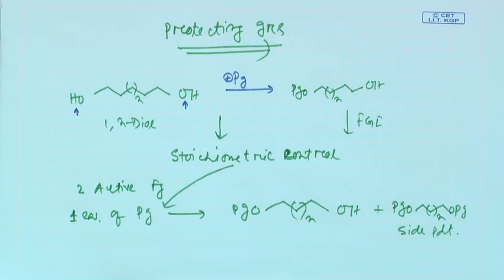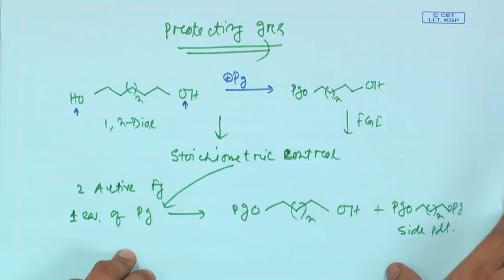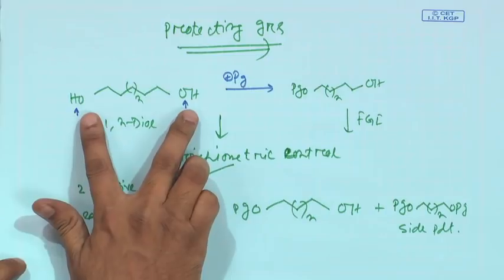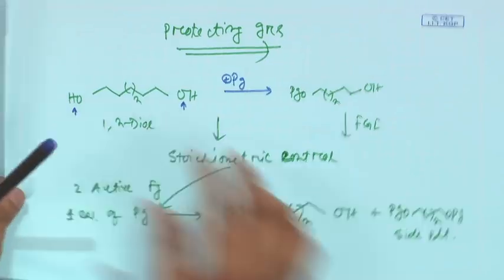But nevertheless, this kind of reaction is very useful, and if the functional groups have equal chemical reactivity, like in this case where both are primary alcohols, things will be a little bit simplified if you have a compound like this.